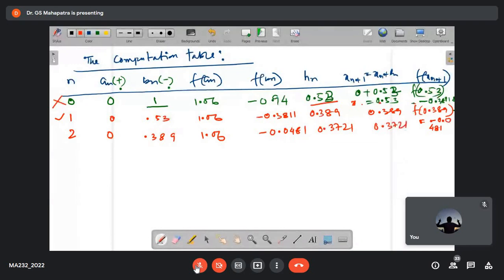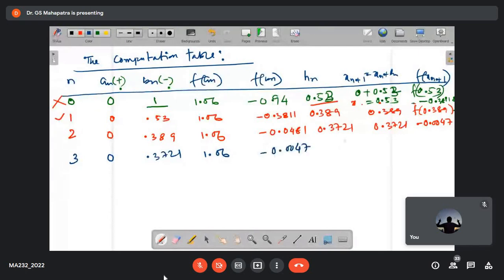Now it is negative or positive? Now it is fine. Okay. So f of 0.47, correct. Okay, so iteration third, so remaining 0.3721. F of this one 1.06 minus 0.0047.